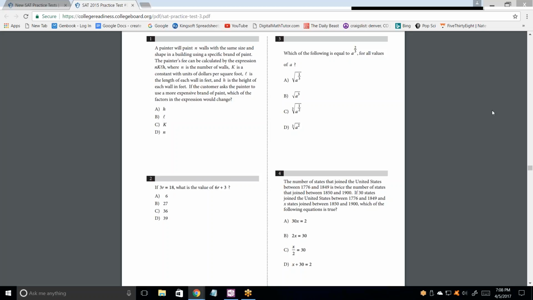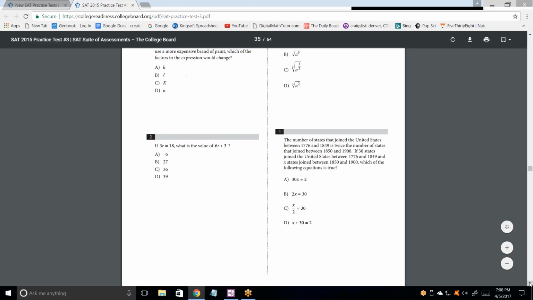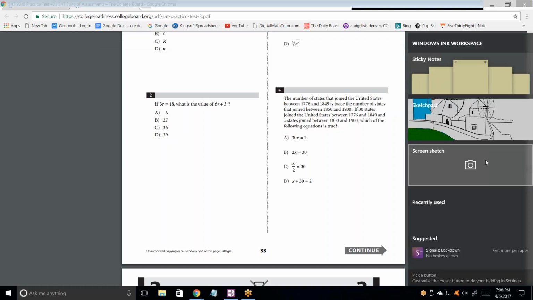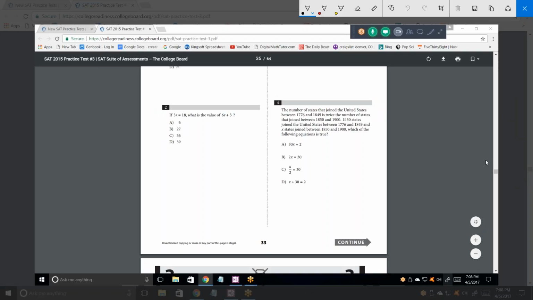All right. This test does have some strange problems that I don't remember seeing problems of this type anywhere else on any other practice tests. I know. Here, I should show you what I mean. 3R equals 18, R equals 6, 6R plus 3 equals, so it'd be 39?